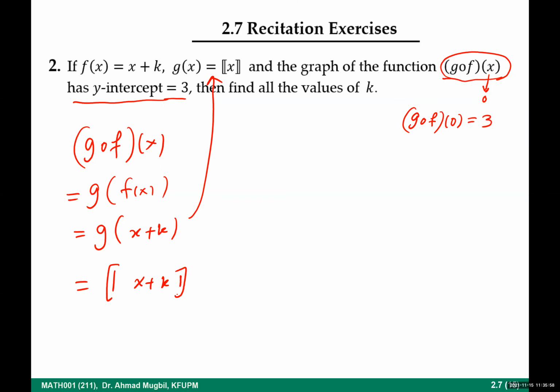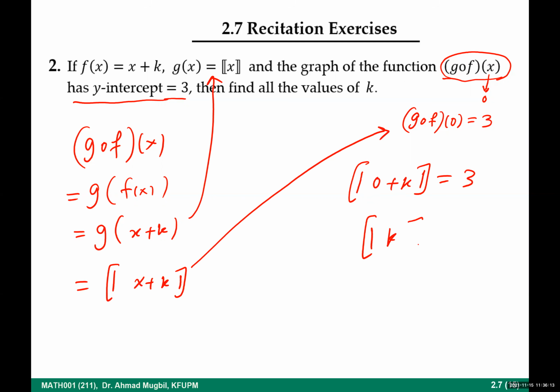Here it is, this is the function. Now we will just substitute by 0. This will be equal to 3. The greatest integer of k equals 3. And this means that k is greater than or equal to 3 and less than 4.